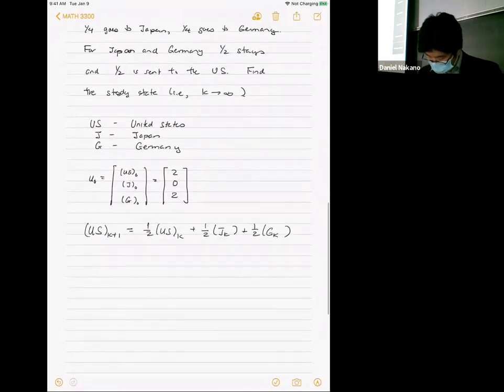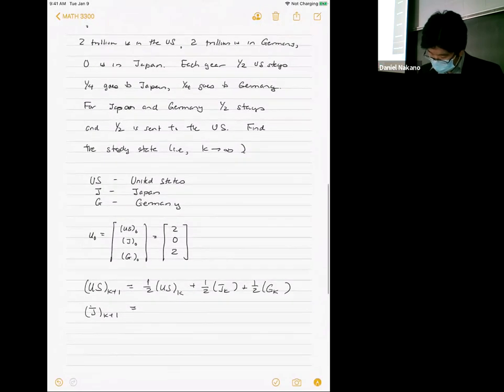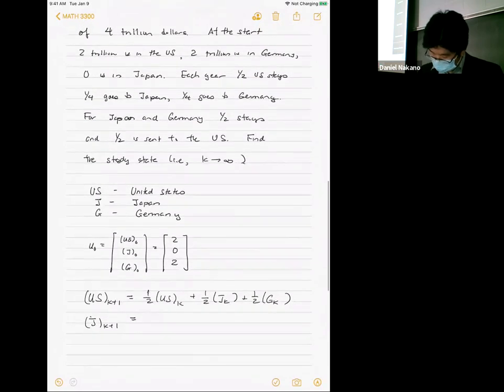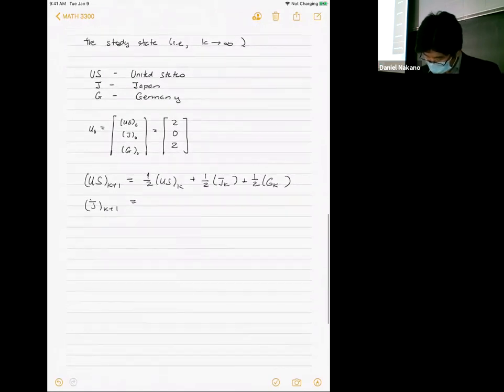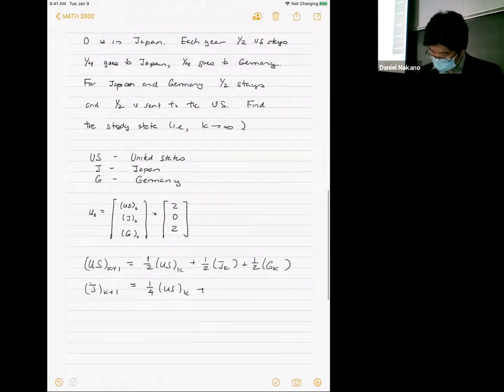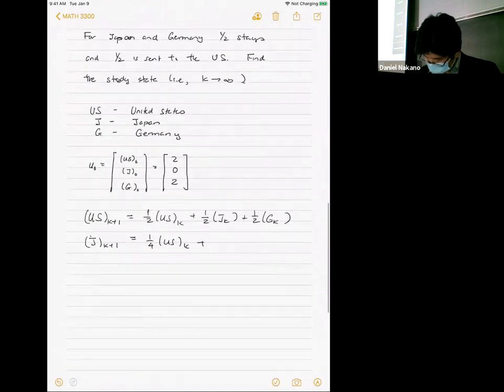Okay. So let's see what happens with Japan in the K+1 year. Well, how much does it get from the US? It gets 1/4 from the US amount from the previous year. How much does it get from its own? Well, 1/2 stays. And it gets nothing from Germany.